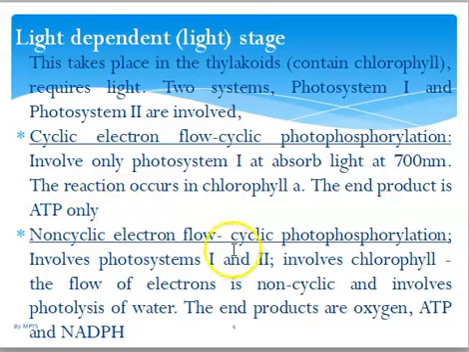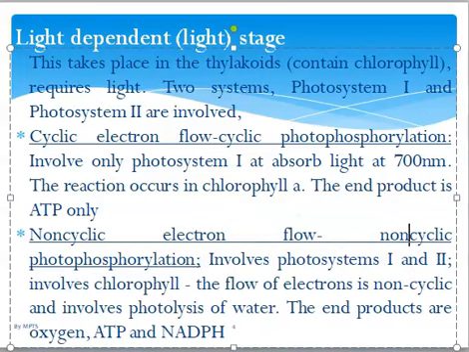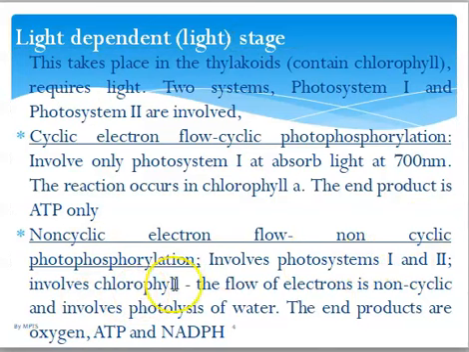In non-cyclic electron flow, or non-cyclic photophosphorylation, it involves photosystems 1 and 2 and chlorophyll, all absorbing light. The flow of electrons is non-cyclic and involves photolysis of water. The end products are oxygen, ATP, and NADPH.